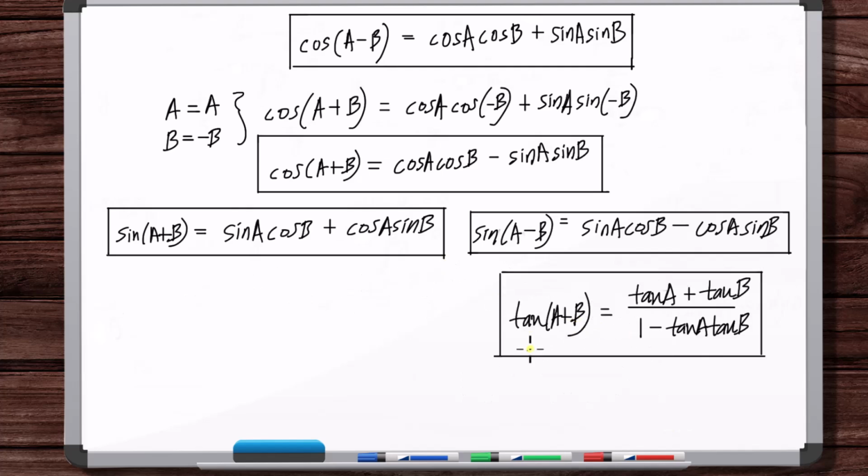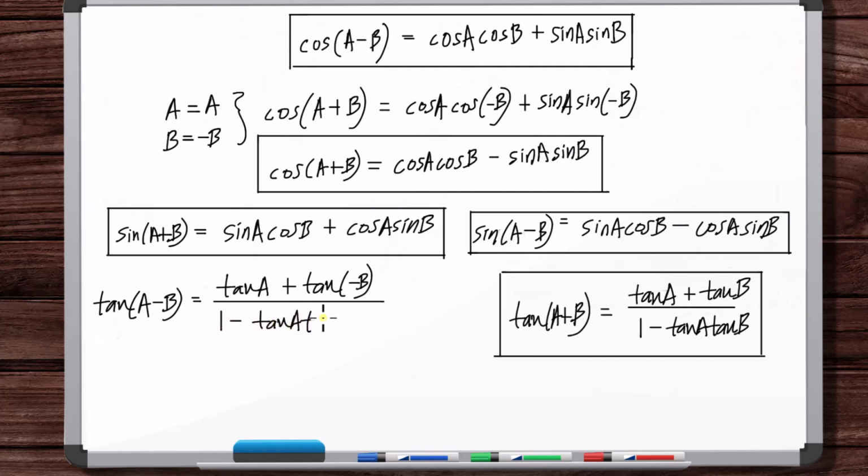Okay, now for tangent of a minus b, we just plug in a is equal to a and b is equal to minus b into the sum identity for tangent. And we get tangent a plus tangent of minus b, all over 1 minus tangent a times tangent of minus b.